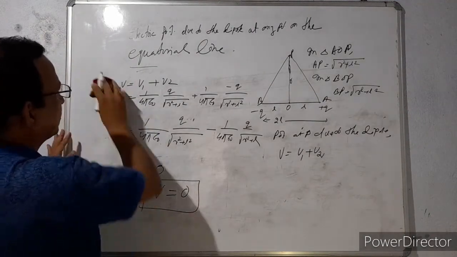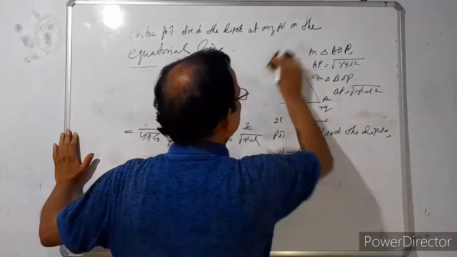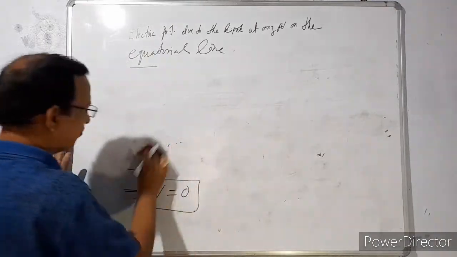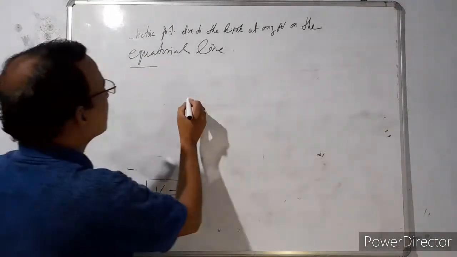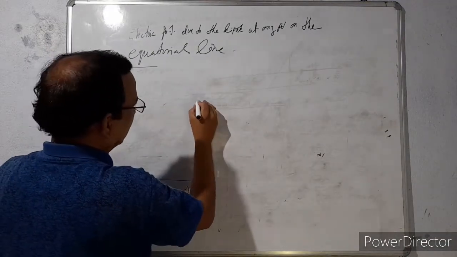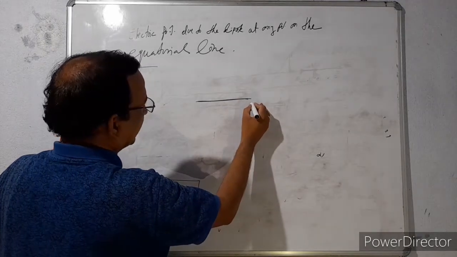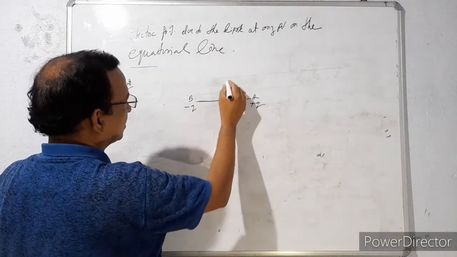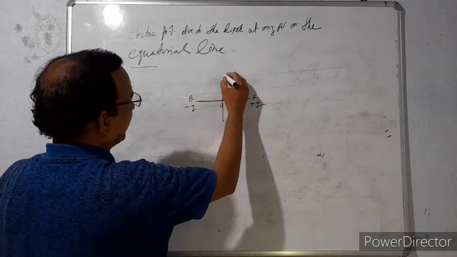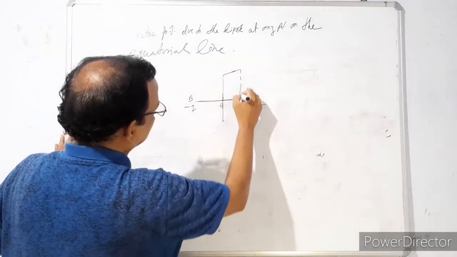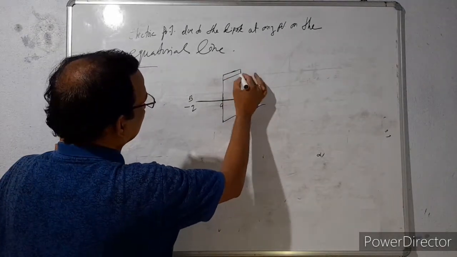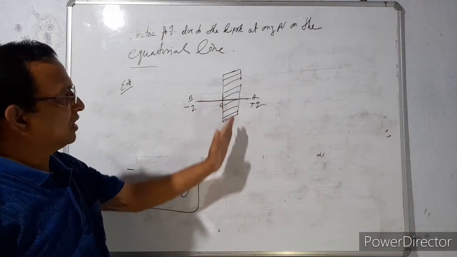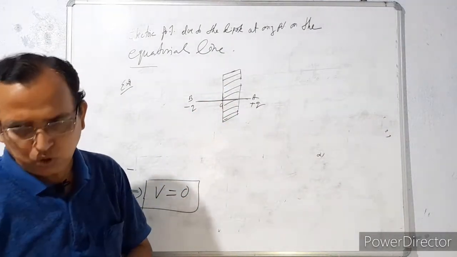One example. Let us consider an electric dipole AB, plus q at A and minus q at B, with center O. A plane which is perpendicular to the axial line at the center is the bisector plane.